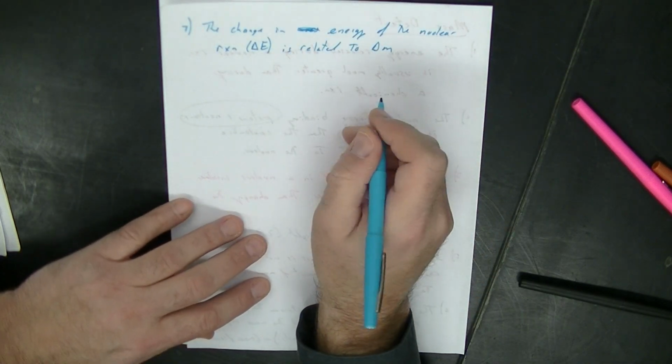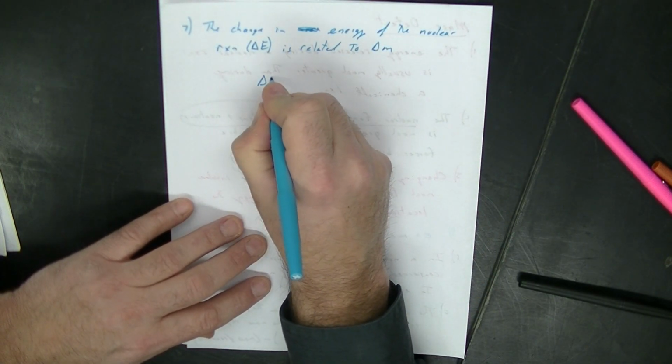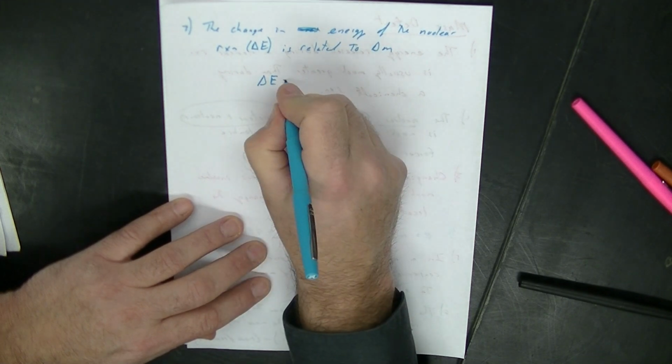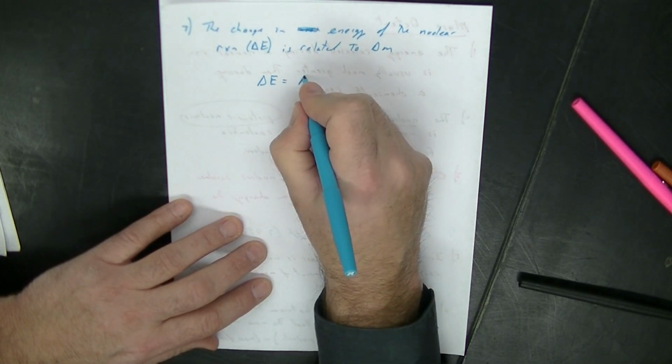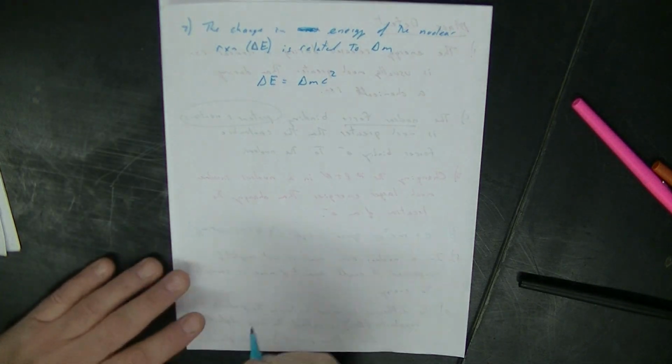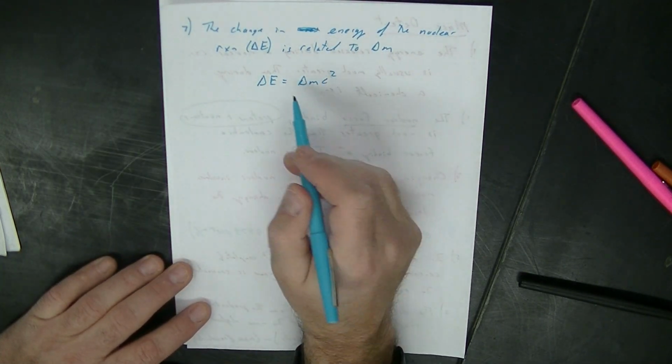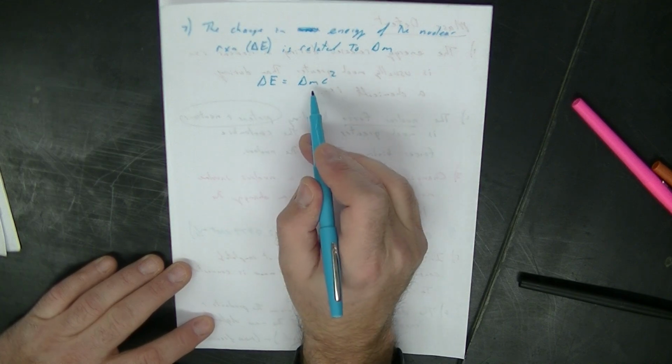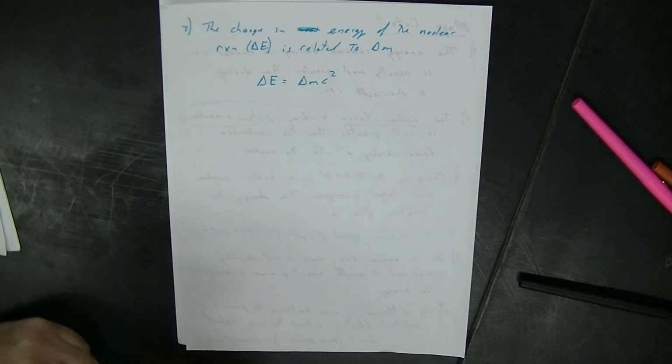So we can change Einstein's equation a little bit. Delta E, our change in energy, is equal to our change in mass times the speed of light squared. We'll be using this to figure out how much energy, or we could go the other way, how much mass is converted.